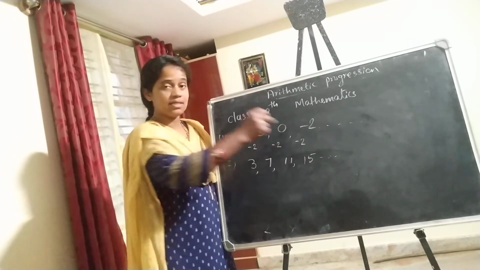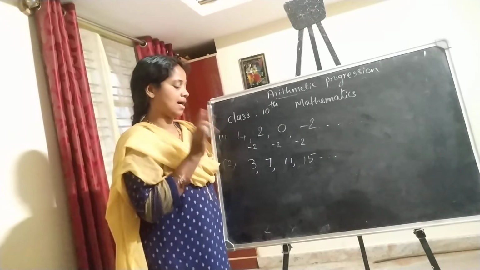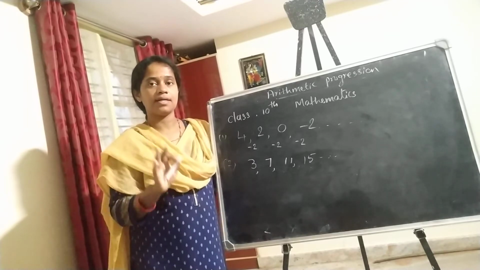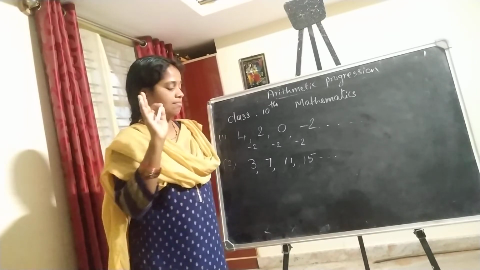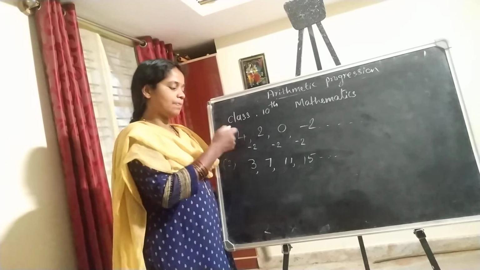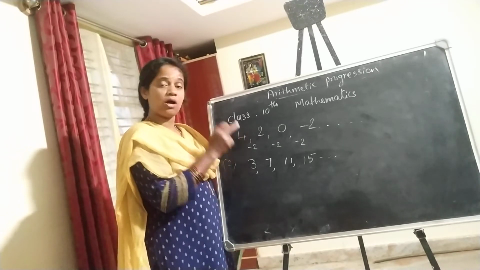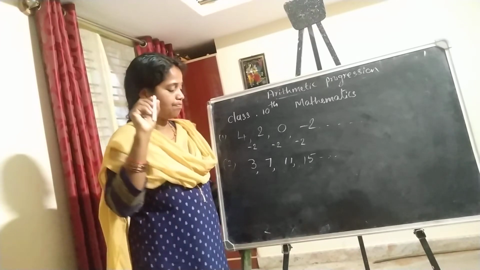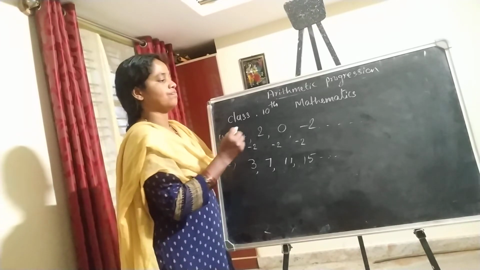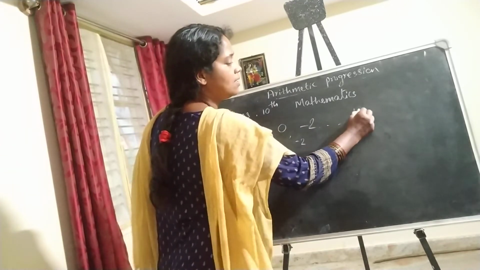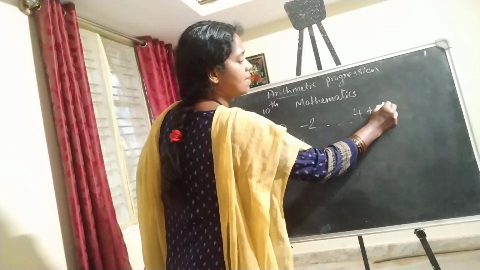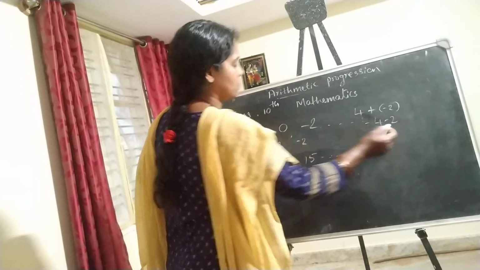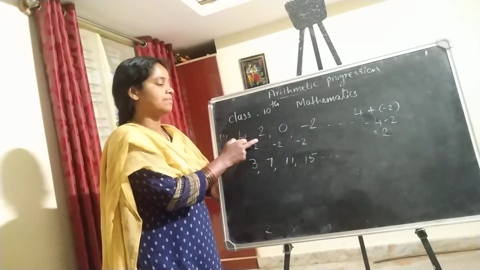So what number did I add? Every time I added minus 2 to the previous term. 4 plus of minus 2: don't get confused. For the first term, I added minus 2, which gives 4 minus 2 is 2. So I got the second term.